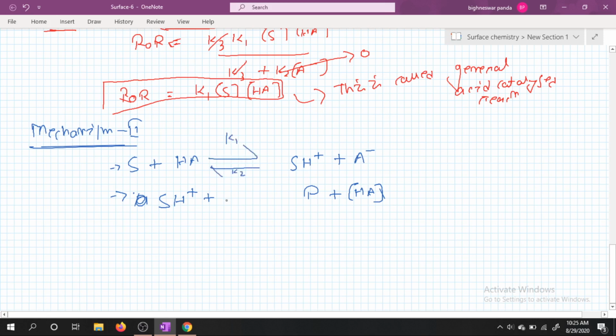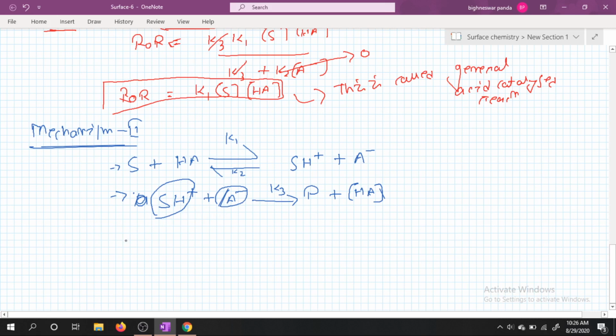So we have to assume that in the second step the acid form of the substrate reacts with the base A minus, instead of what happened in the previous case, where the protonated substrate reacts with water; here the protonated substrate reacts with the base A minus.